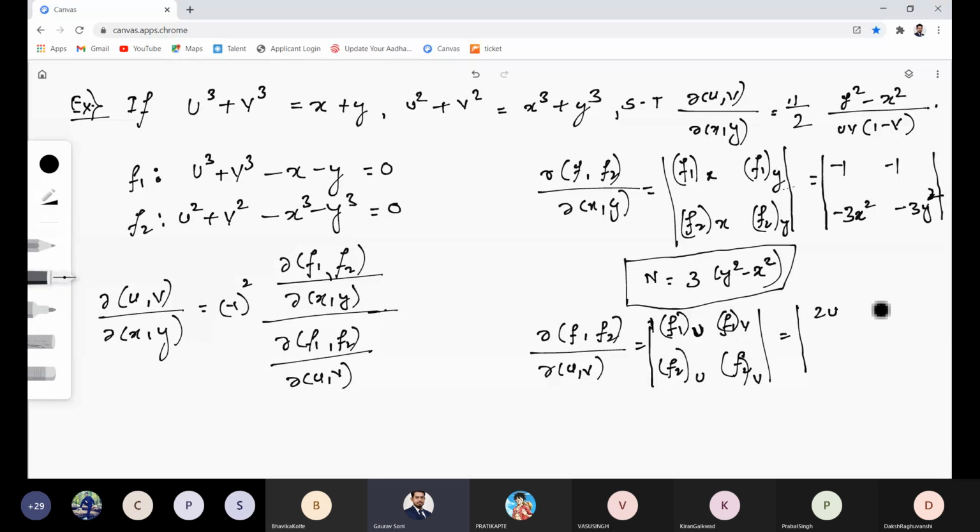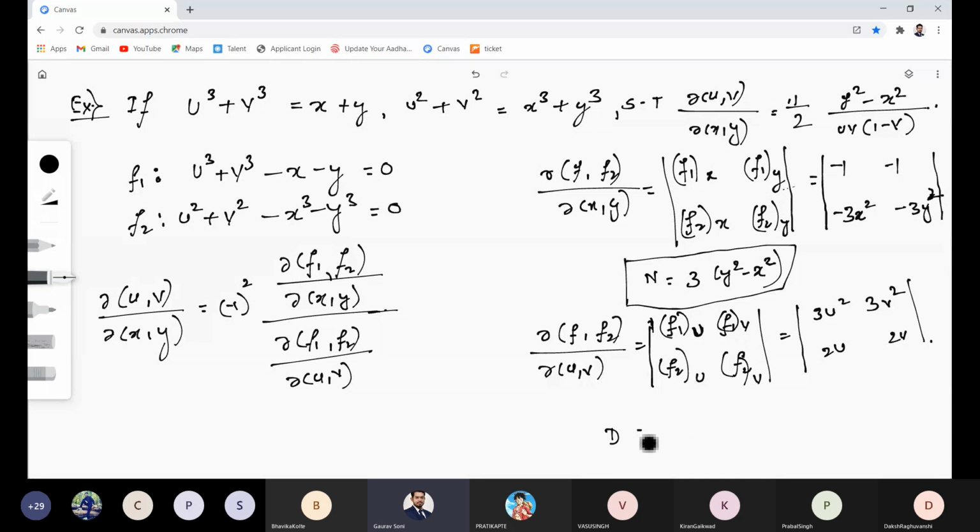With respect to u is 3u square, 3v square. Please check the calculation.